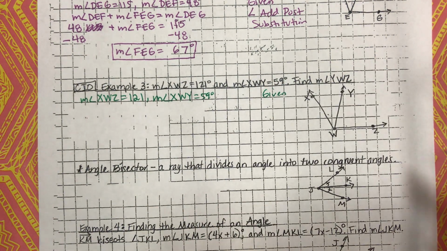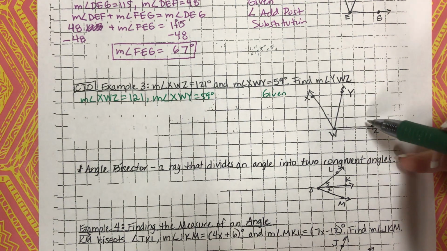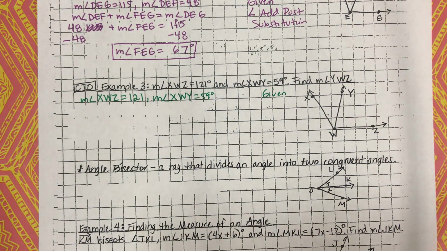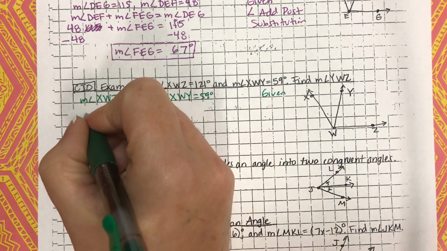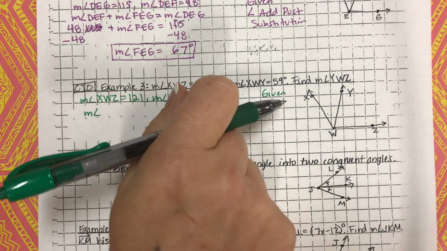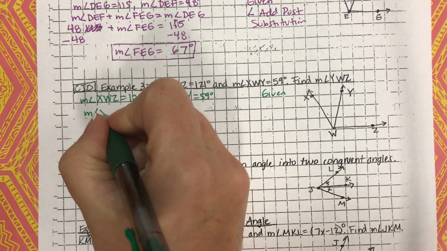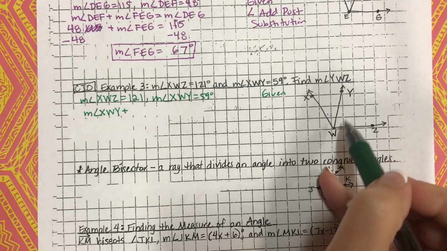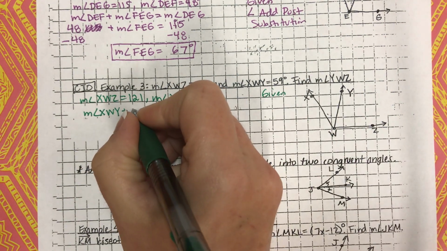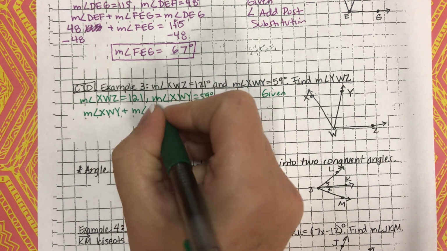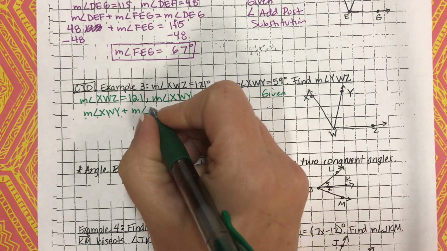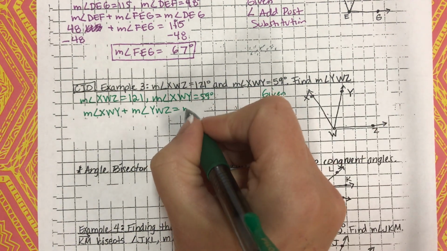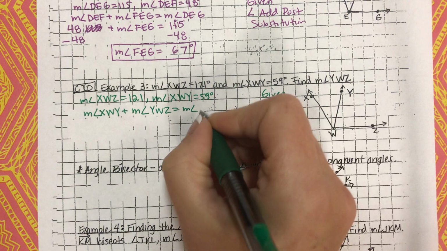Now we know, because there's an angle piece here, an angle piece there, and a whole, that this is going to be the angle addition postulate. So we're going to write that right now. The measure of angle XWY plus the measure of angle YWZ is equal to the measure of the whole thing, XWZ.